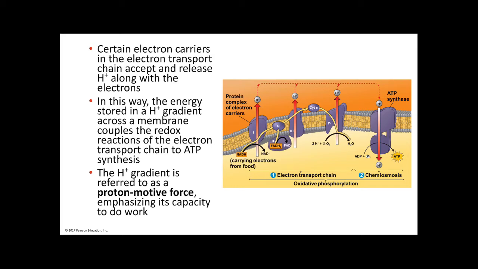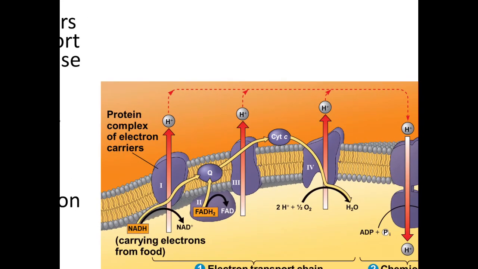And so when you talk about the hydrogen ion gradient, you're also referring to it as a proton motive force, which is basically when electron carriers are arranged in the inner mitochondrial membrane so that they can take the protons from the matrix and deposit them into the intermembrane space, so that you can have a proton motive force occurring.